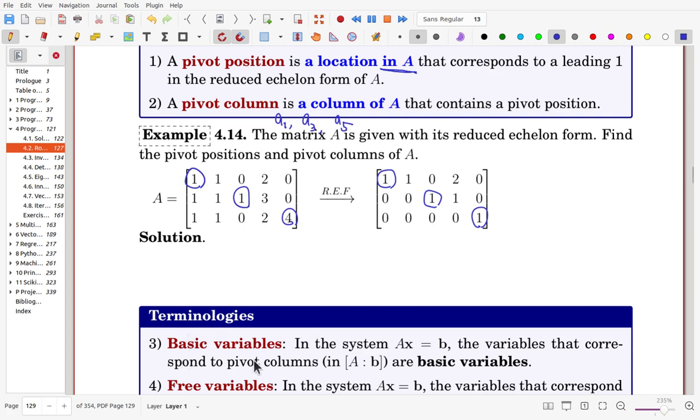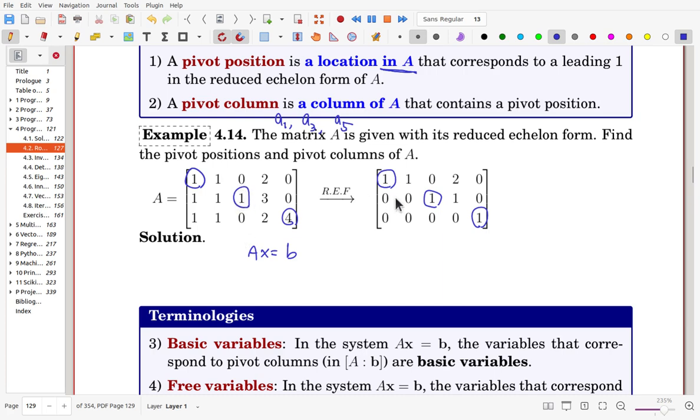The basic variables. In the system AX equals B, the variables that correspond to pivot columns in the augmented matrix are basic variables. So once we use this matrix, for example, and try to solve AX equal B, after elementary row operations we can reach this one and here some vector.